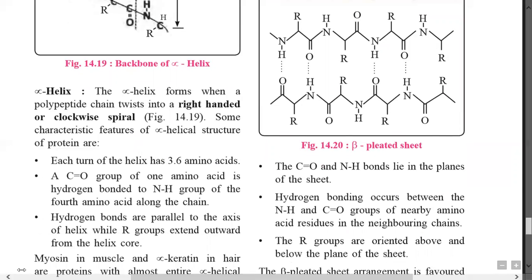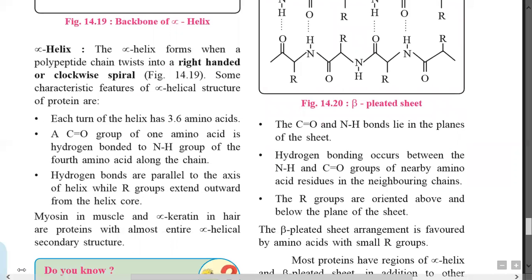So these CONH bonds are present in the plane of the sheet. In the same plane they are observed, not below or above. Then hydrogen bonding occurs between NH and CO groups of nearby amino acids. We have studied this hydrogen bonding between the NH group and the CO group.